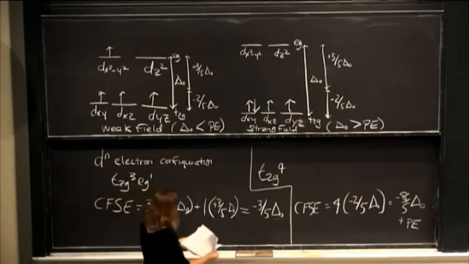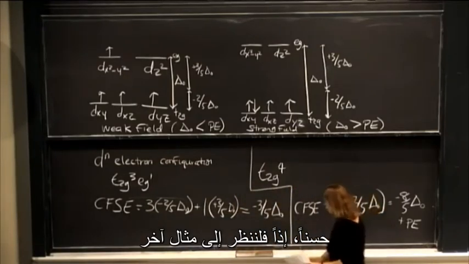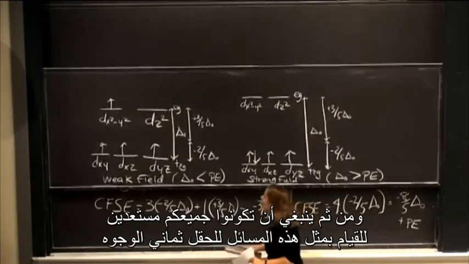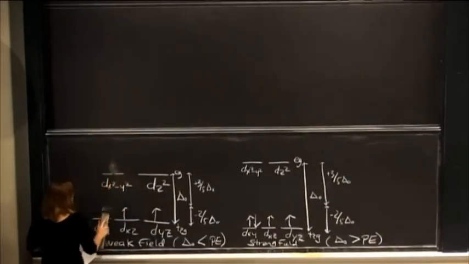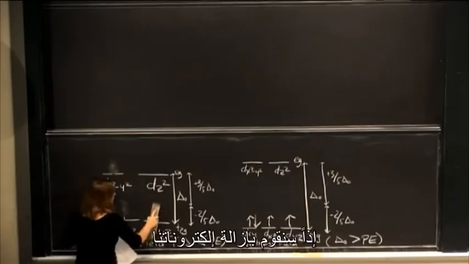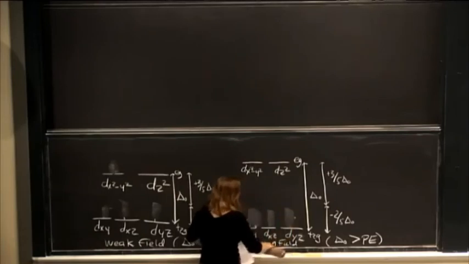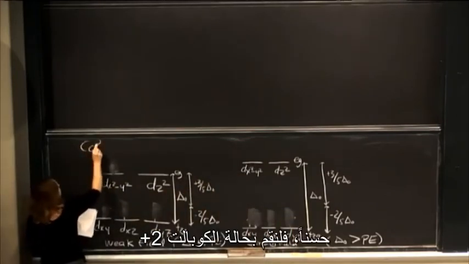So, great. Okay, so let's look at another example, and then you should be all set to do these problems for an octahedral field. So we'll take our electrons down. All right, so let's look at a case of cobalt plus 2.